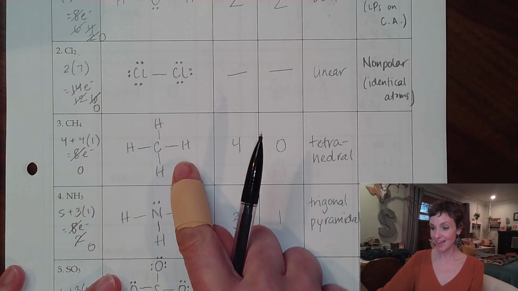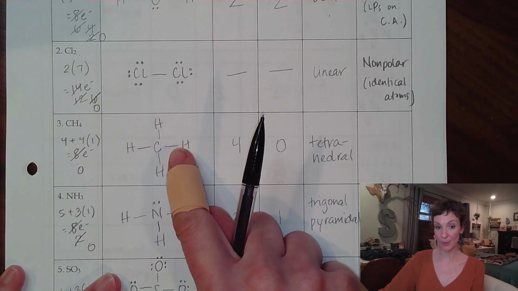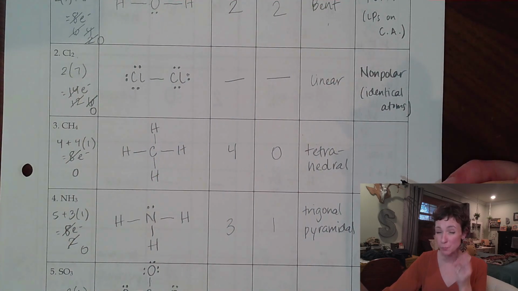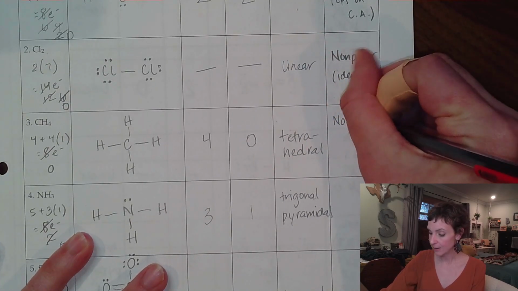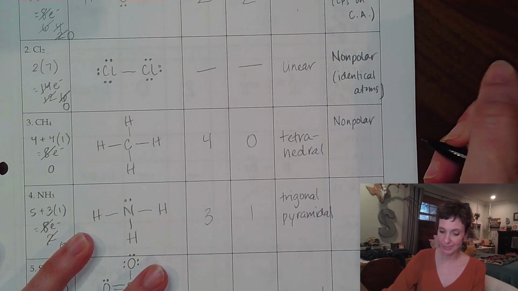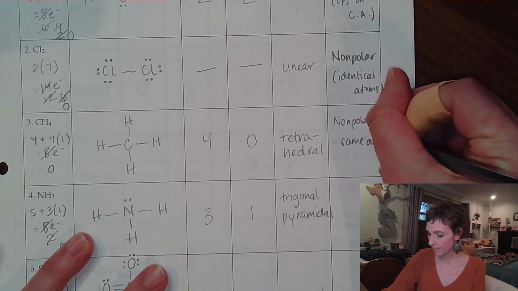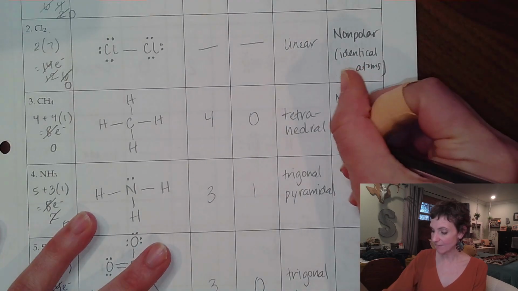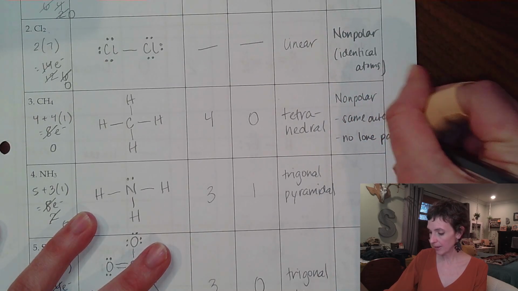Next one down. I have same outer atoms and no lone pairs on the central atom. If all the outer atoms are the same and there are no lone pairs, you need both of those things in order to be a nonpolar molecule. So we have same outer atoms, and we have no lone pairs.